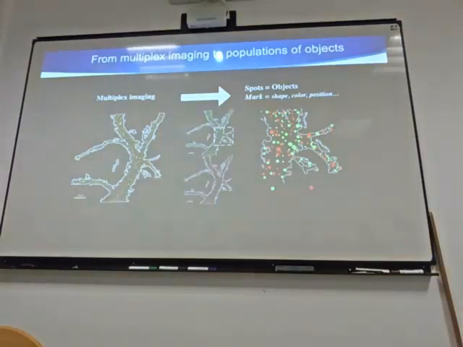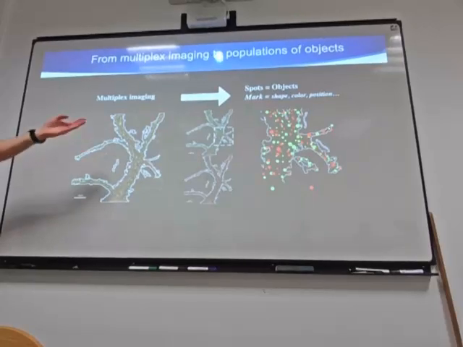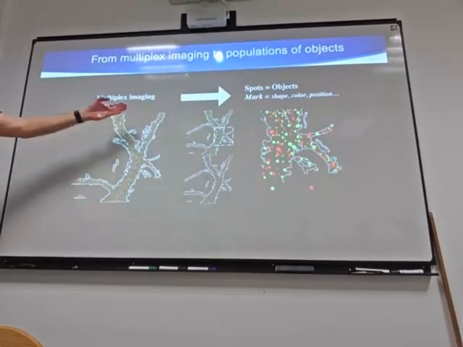So in multiplex imaging, usually you have a lot of data pre-processing, where you extract the different objects. Here, for example, this is a two-color image of synaptic molecules. This is just fluorescent imaging.